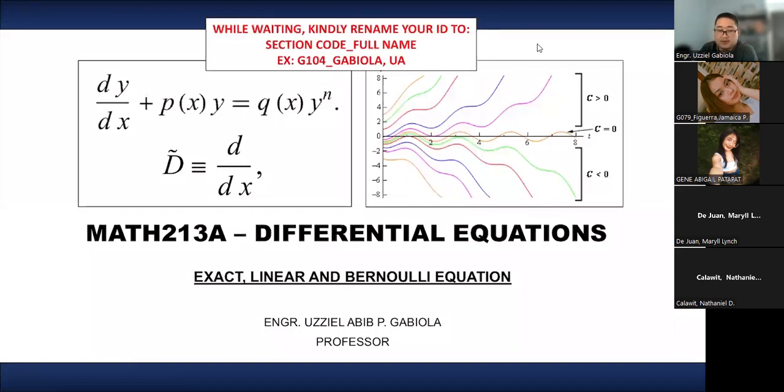So for today we will be discussing three additional methods in our solution for first order differential equations. This discussion will tackle what we call the integrating factor. We will start with exact equations and then linear and Bernoulli equations.